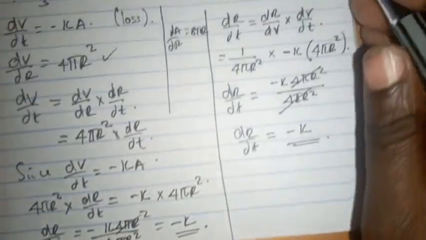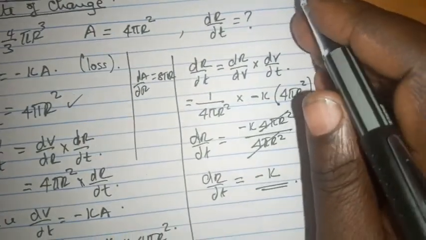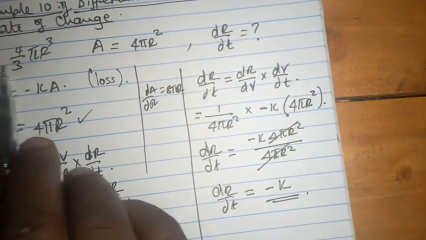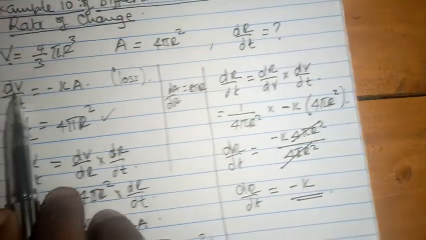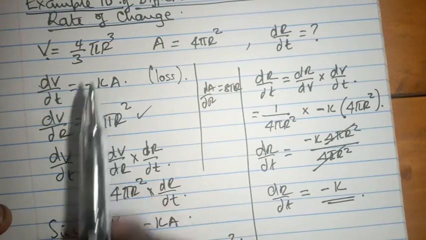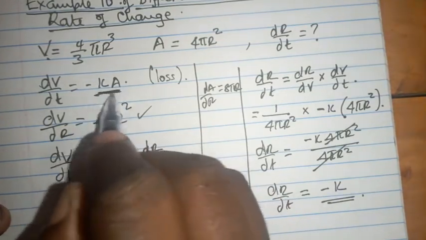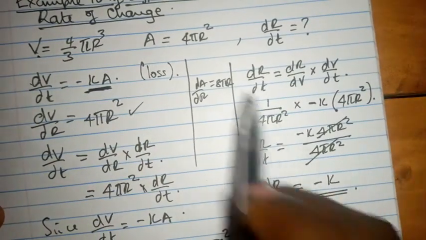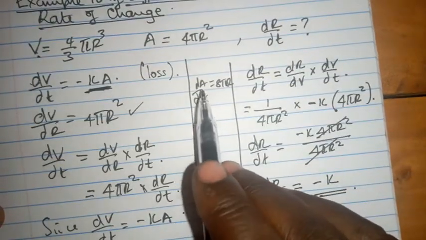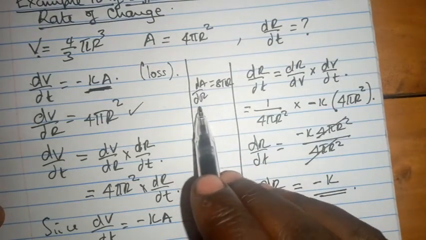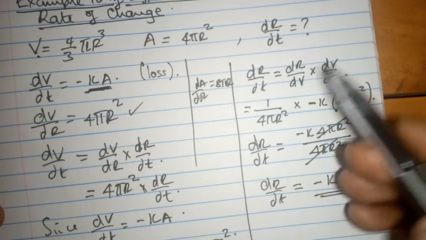But this one seems a little more straightforward because dV/dt is known, minus kA. You can detect that from the question. We just have dA/dr in case we need it.